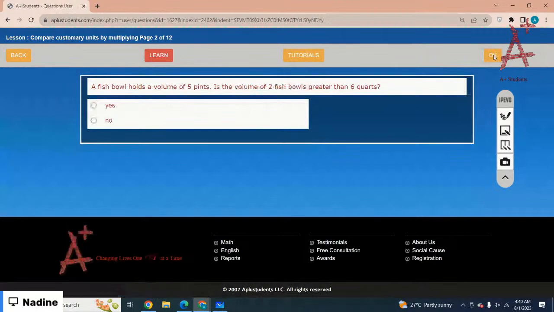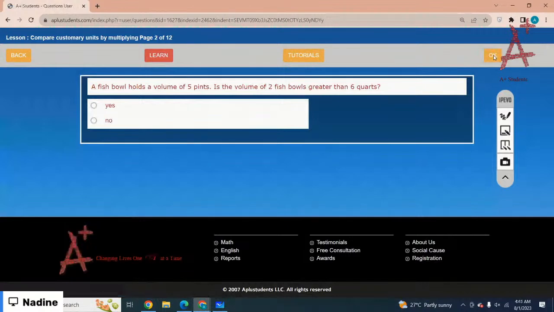Okay, a fish bowl holds a volume of 5 pints. Is the volume of two fish bowls greater than 6 quarts? So basically that is a conversion from quarts to pints.